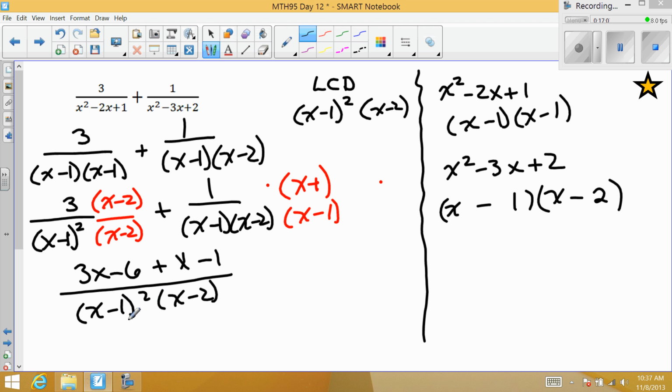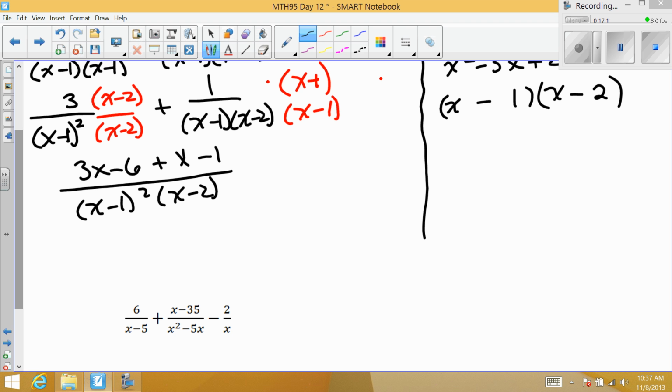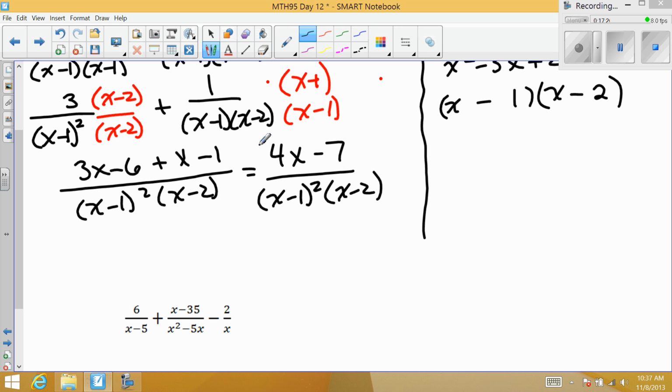This is just a little shorter. Okay, a little more room here. And then combining like terms, I've got a 4x subtract 7 over x subtract 1 squared, x subtract 2. And I am done because there's nothing I can factor out of 4x and 7. They have no common factors.